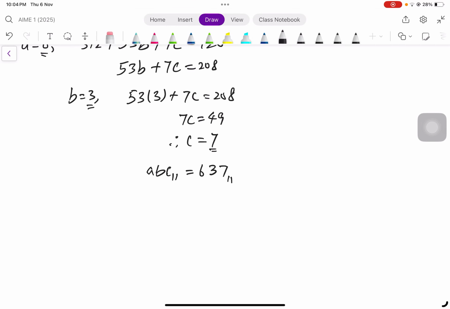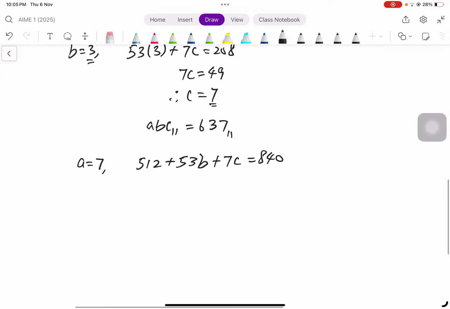Now if a is equal to 7, then 512 plus 53b plus 7c would be equal to 840, so 53b plus 7c is equal to 328.